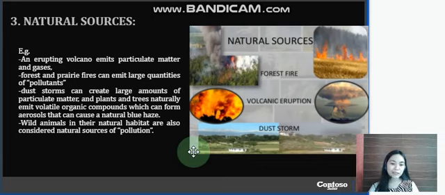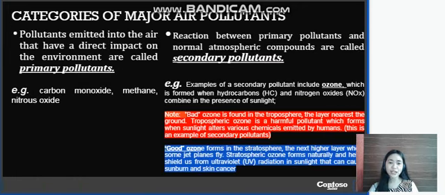So, wild animals can also be considered as a natural source of pollution. Tulad nga nung kanina, di ba? Yung ating mga cows.